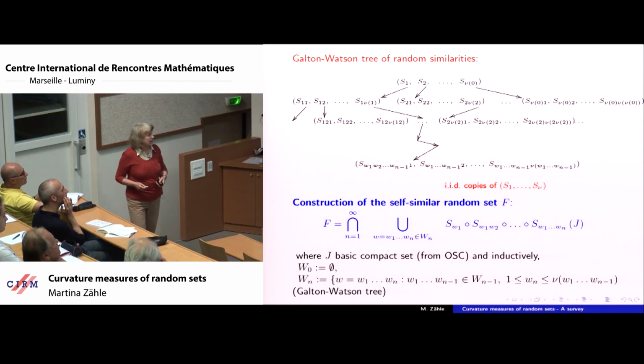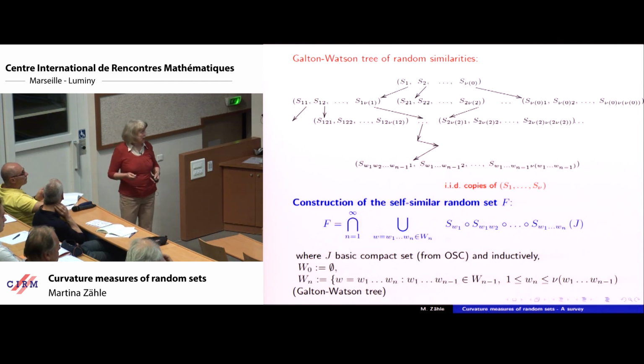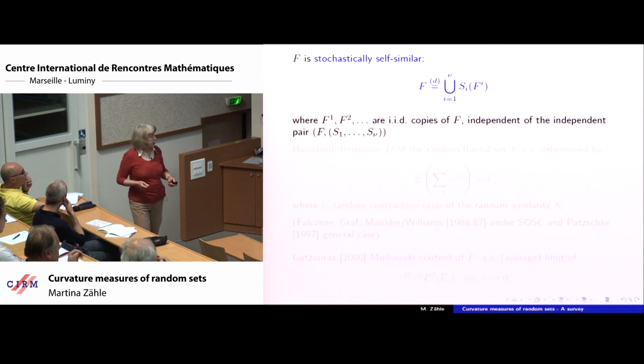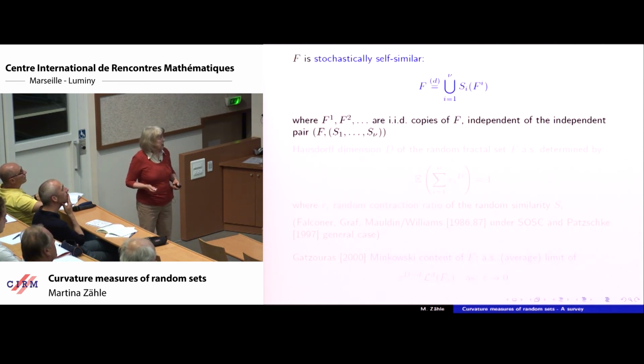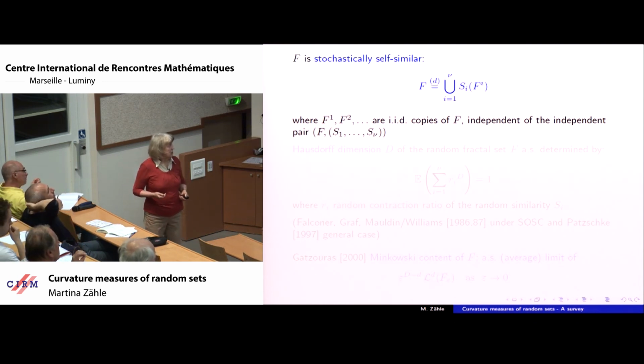This generates a random compact set, because the primary set J is also compact, and this has a so-called stochastic self-similarity property, namely the random set F has the same distribution as the union of new independent random sets with the same distribution as F.